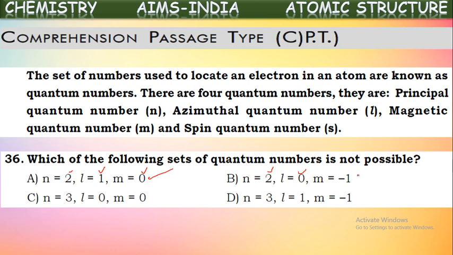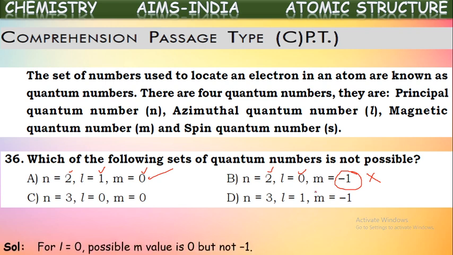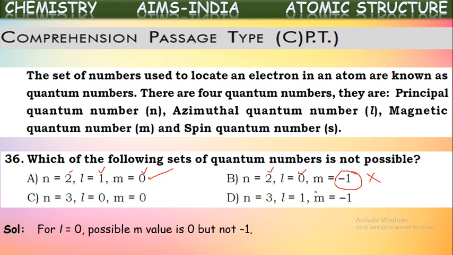But here they mentioned minus 1, which is not possible because L value is 0. So M value also will be 0 because M values will be from minus L to plus L including 0. Okay, it should be 0 but not minus 1. It is not possible. Okay, this is the correct answer. If L is equal to 0, possible M value is only 0 but not minus 1. Okay, it is correct now.